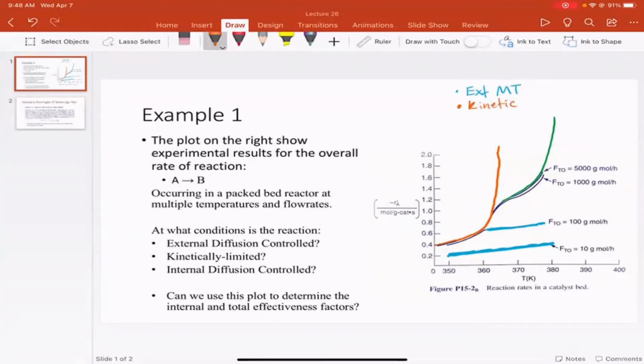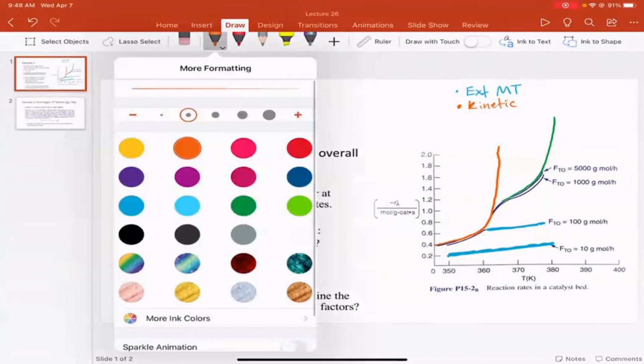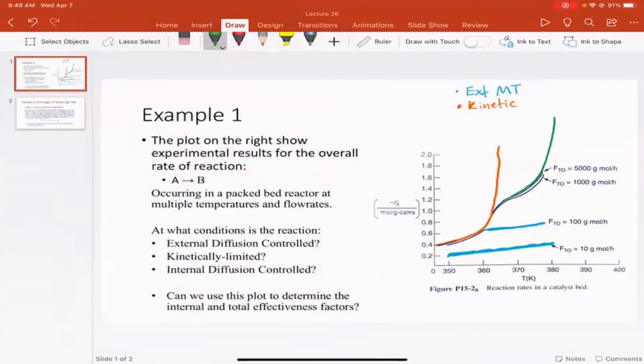So that should be kinetics, right? Kinetic control. And at these very, very high flow rates and higher temperatures where the reaction rate should have gone up, we should have internal mass transport control. Okay?